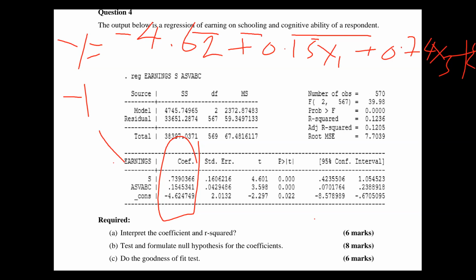Sorry, what did you say? Beta 2, holding all other variables constant, an increase in the earnings on schooling will increase by 0.7. I didn't hear what is increasing. You said an increase in what? In the earnings on schooling.